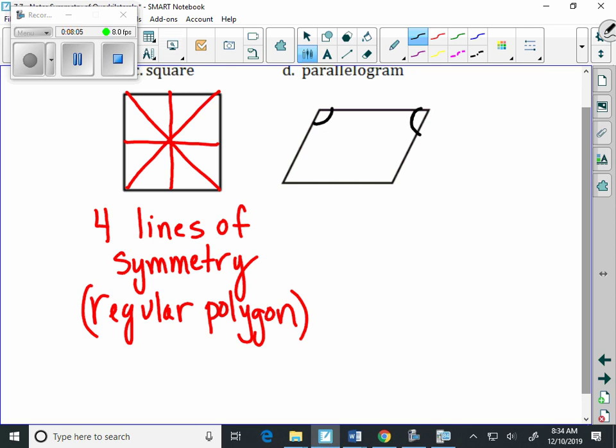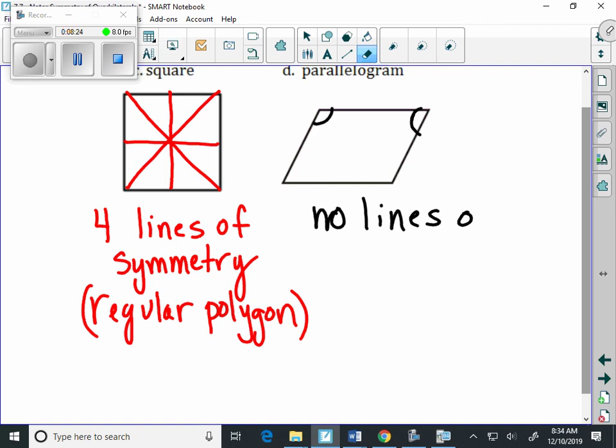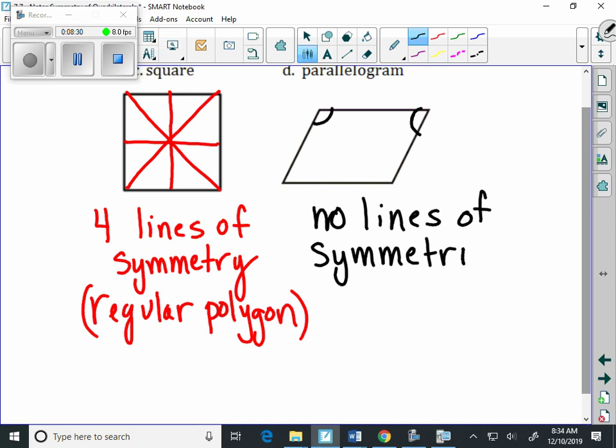Nor can we draw in the diagonals and have it land on the other side. And consequently, there are no lines of symmetry in our parallelogram.